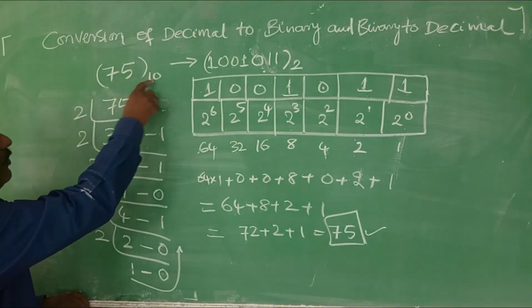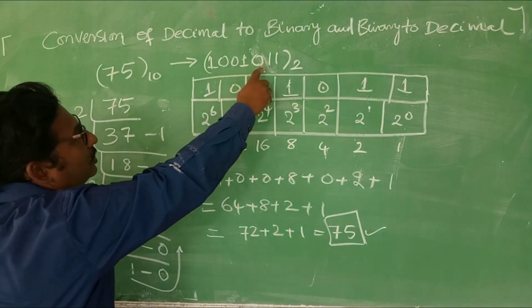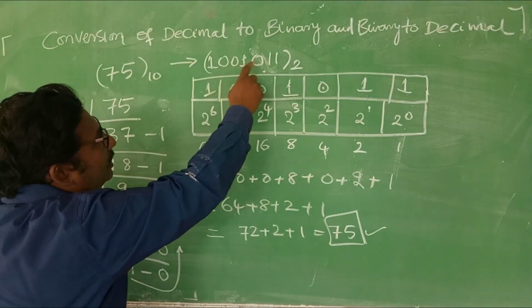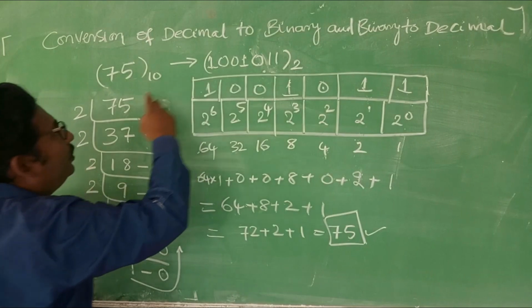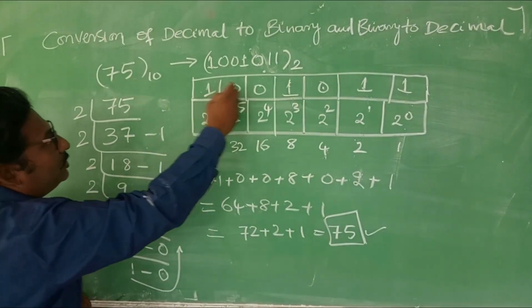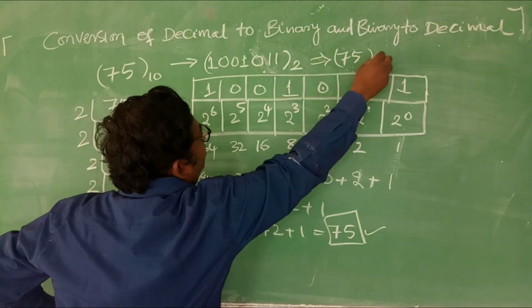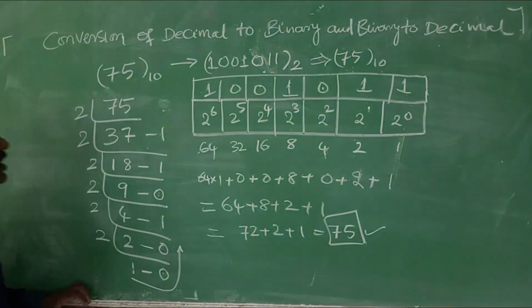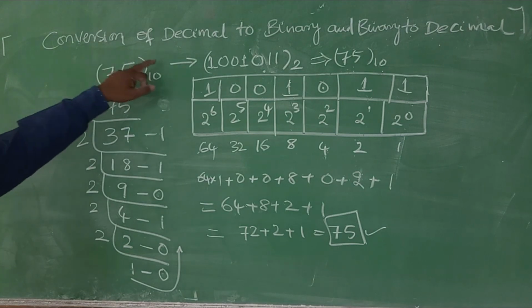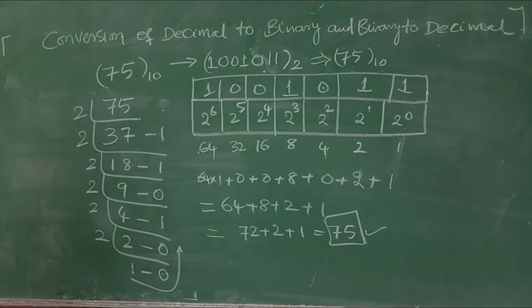So we converted 75 base 10 to 1001011, that is base 2, and when we convert this base 2 again, we get 75, that is base 10. So this is all about the conversion of decimal to binary and binary to decimal.